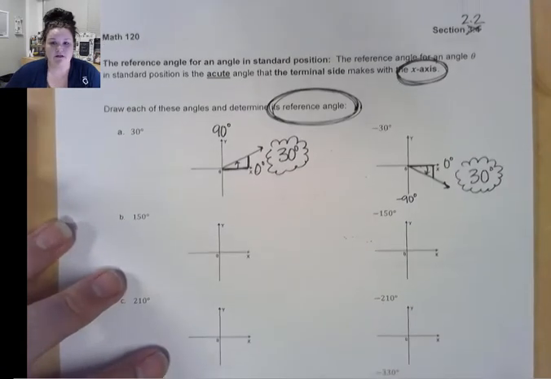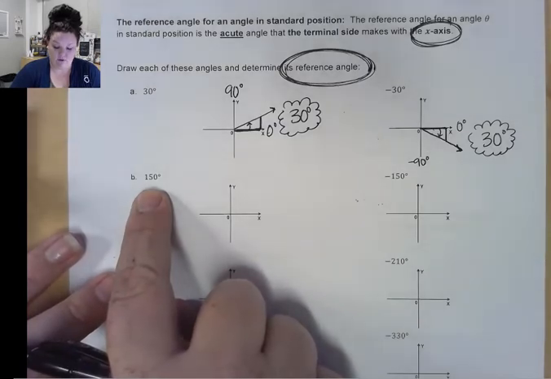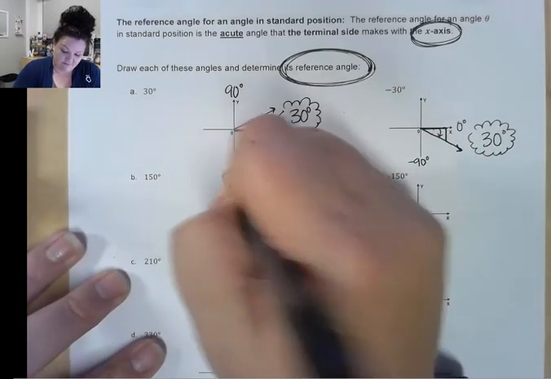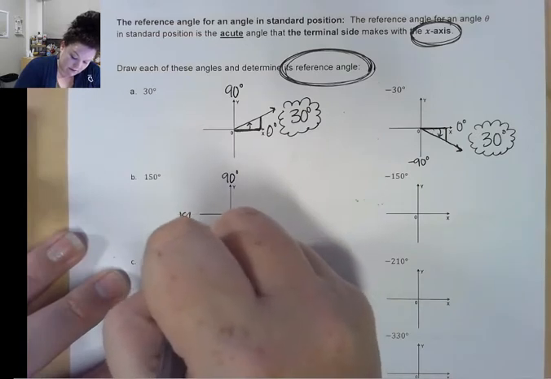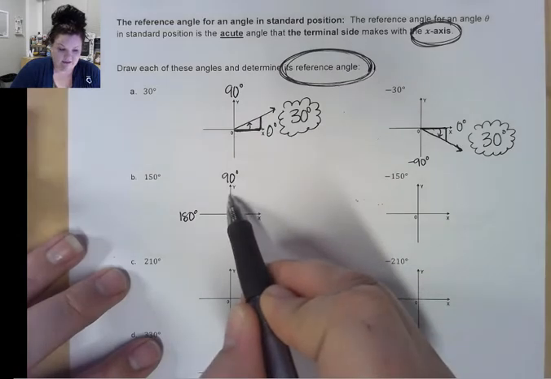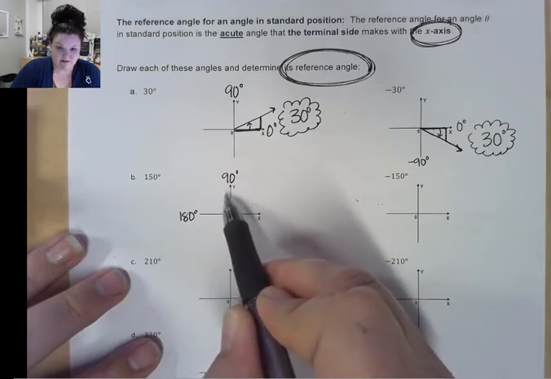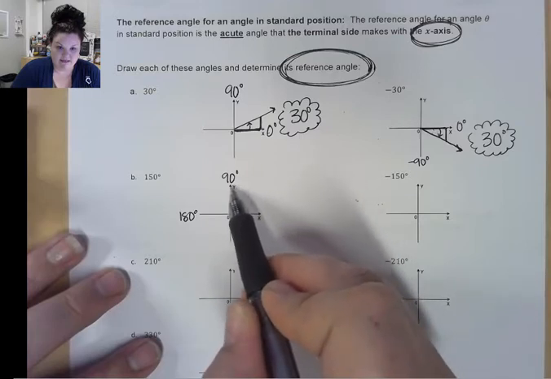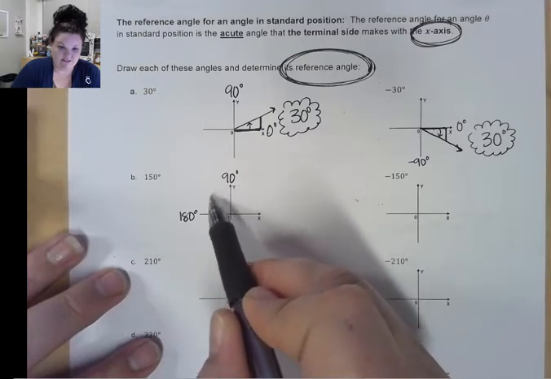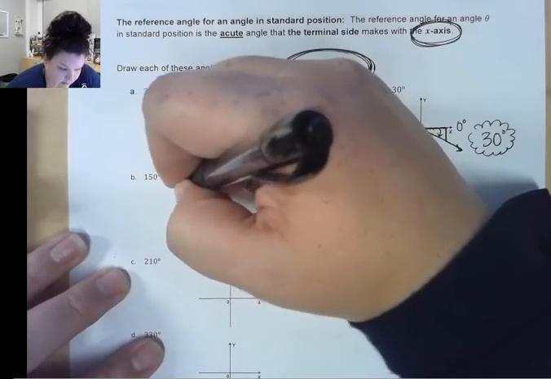Okay. Let's look at another one. Let's look at B, 150 degrees. Well, 150 degrees is going to be somewhere between 90 and 180, right? So if I go to 90, and I need to go to 150, that's going to be an extra 60 degrees. 150 minus 90 leaves me with 60, so I need to go another 60 degrees, which is going to put me over here, right?